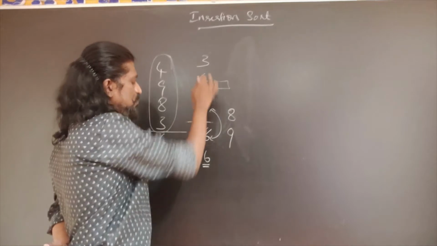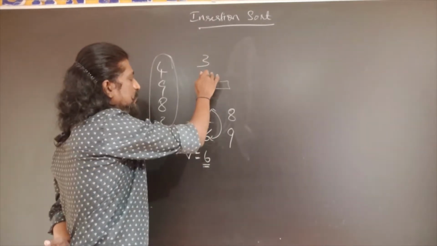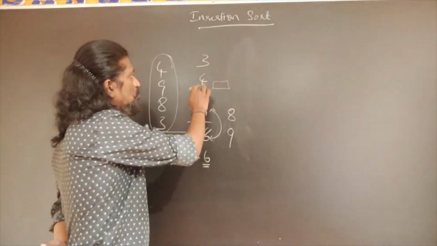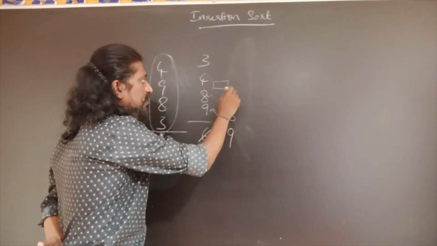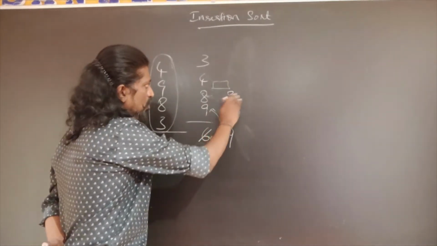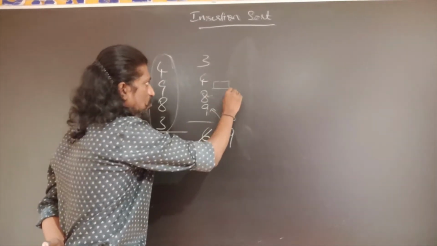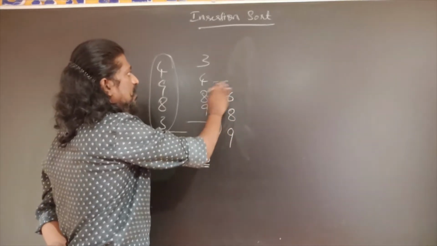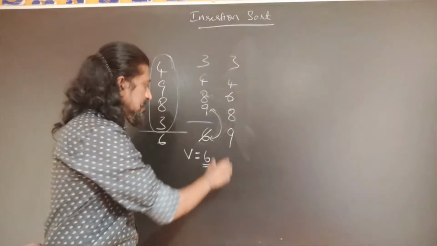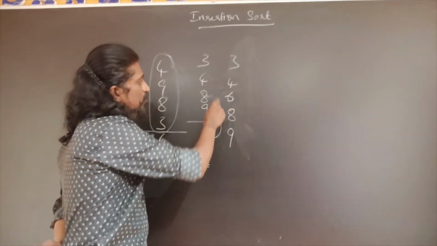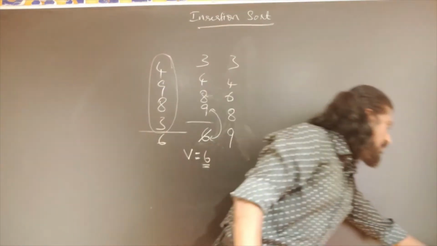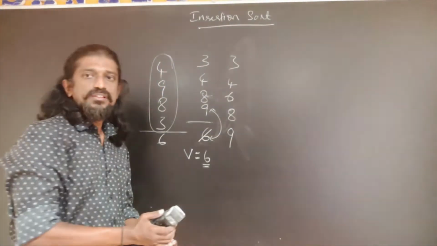Then when we compare 6 with 4, we find that 6 is greater than 4 and it has to be stored in a position 1 greater than whatever 4 is present, and already we have an empty slot because in both these positions we have 8. So therefore one of these elements will be overwritten and 6 will be inserted there and 4 and 3 will remain here itself. So therefore insertion comparing from the bottom will be more efficient out of the three methods that are available for implementing insertion sort.